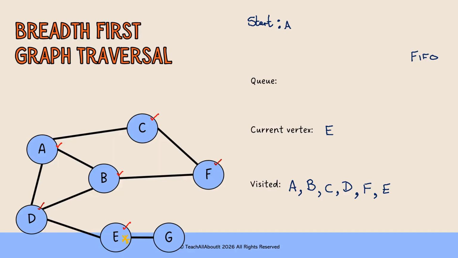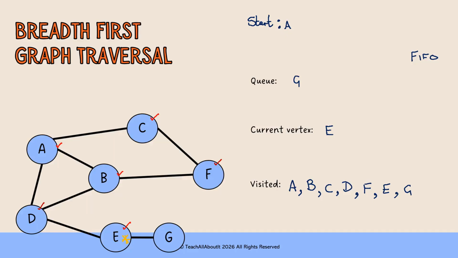Now, if E is our current vertex, we still have another node that we can visit, which is G. We can put G onto the queue. At that point we can double check for anything else.